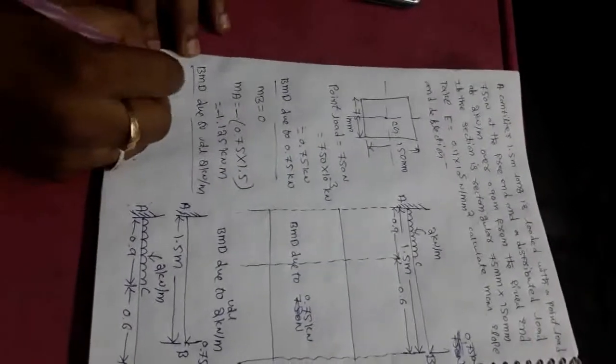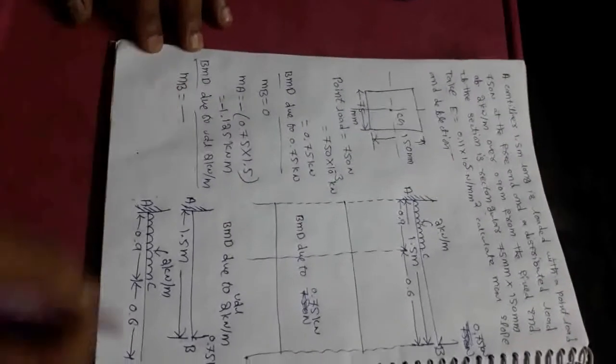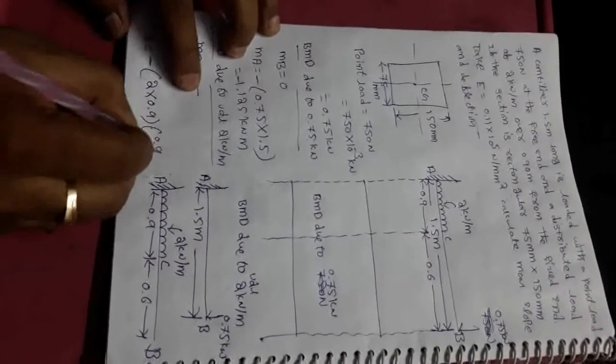So these are the ends B, C and A. The bending moment at B is 0, because there is no load there. MC equals 0, and MA equals minus the UDL formula, WL into L by 2.